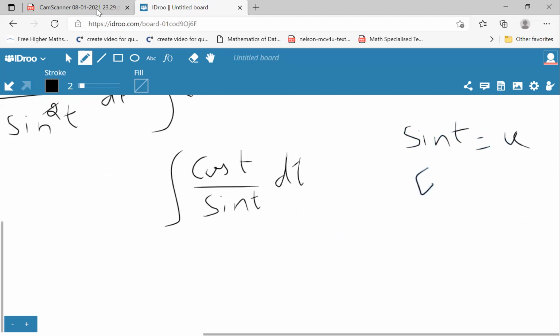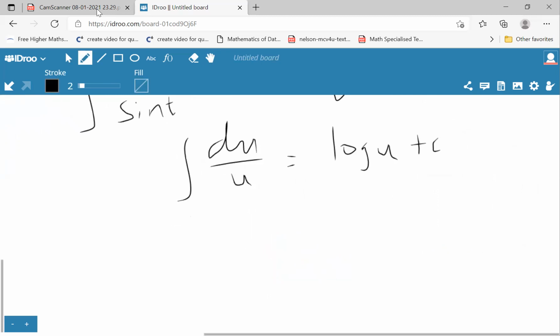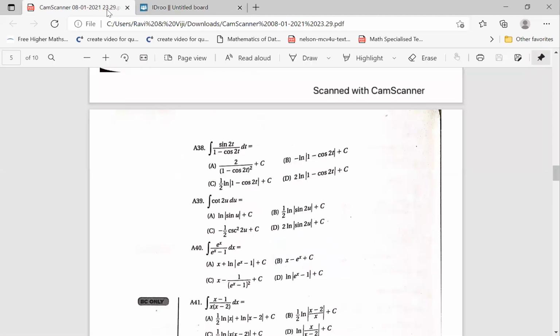So cos t dt will become du. When you substitute here, you'll get du by u, which is nothing but log u plus c, which is log of sine t plus c. So you can see that it is now going to be option.